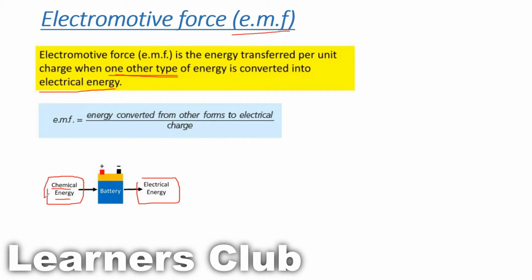So there is a transfer of chemical energy to electrical energy for moving one charge over the circuit. So you can write EMF as energy per unit charge. But what is this energy? It is the energy converted from other forms, any forms. In the case of a battery, it's the chemical energy to electrical energy.